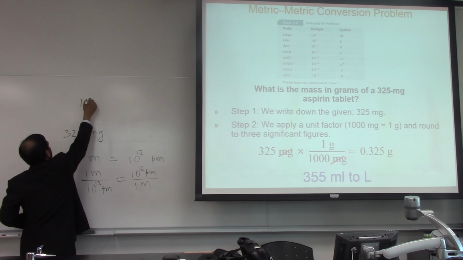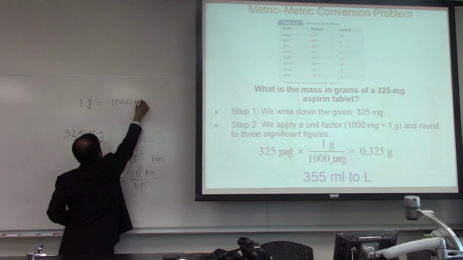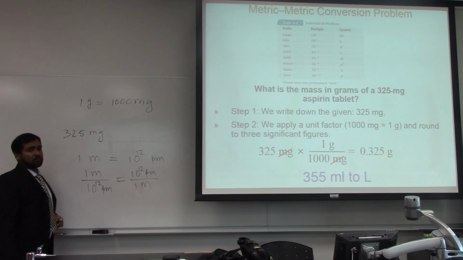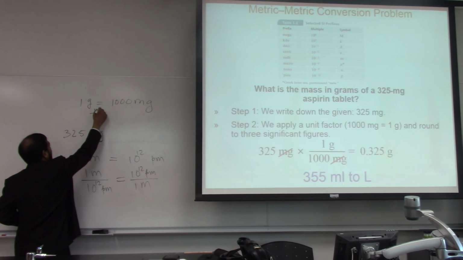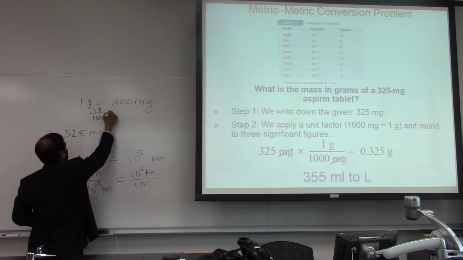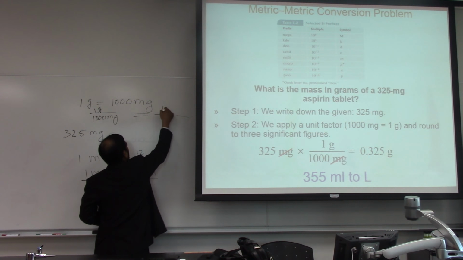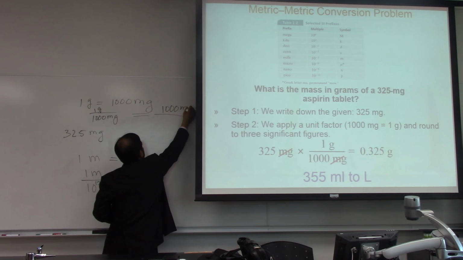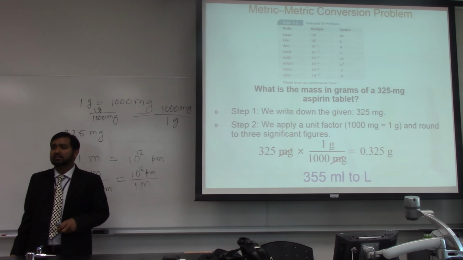That means 1 gram equals 1000 milligram. That's what it says, right? And now you can write the factor as 1 gram over 1000 milligram. You see? Or also you can write it as 1000 milligram over 1 gram. You can flip it as needed.